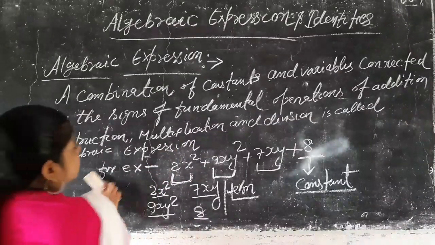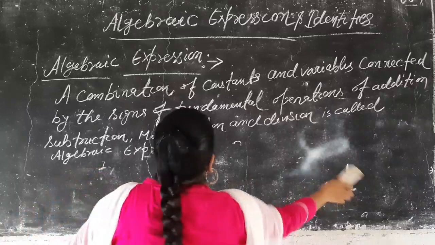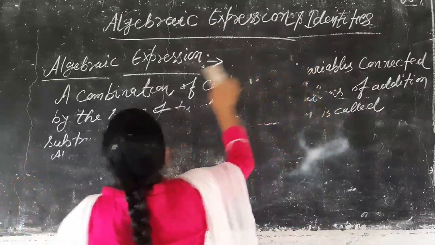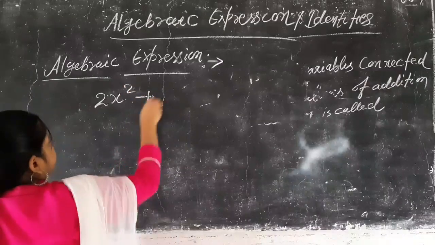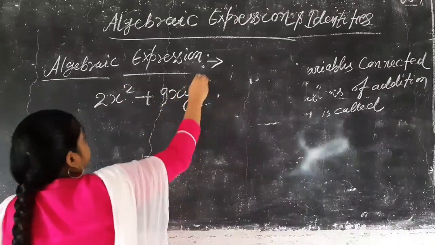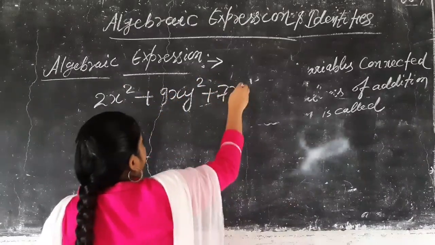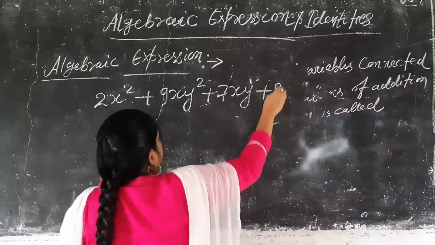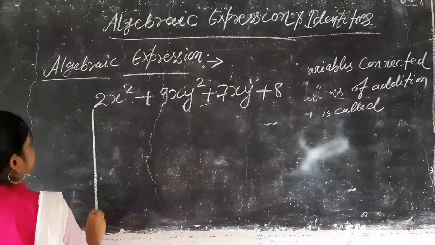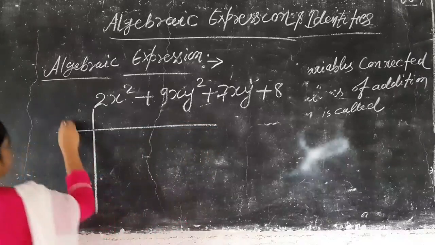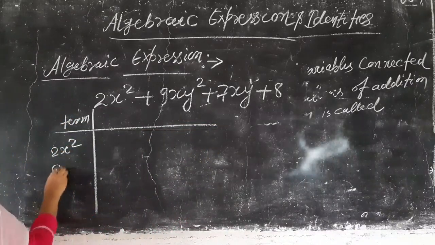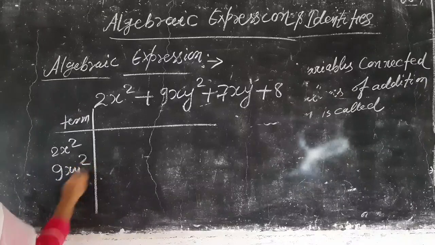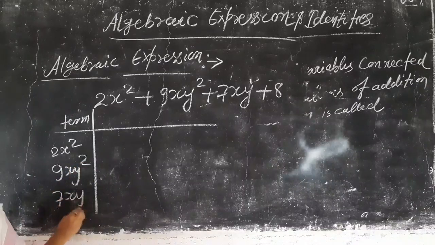We write 2x square plus 9xy square plus 7xy plus 8. We can factorize all these terms: 2x square, 9xy square, 7xy and 8.